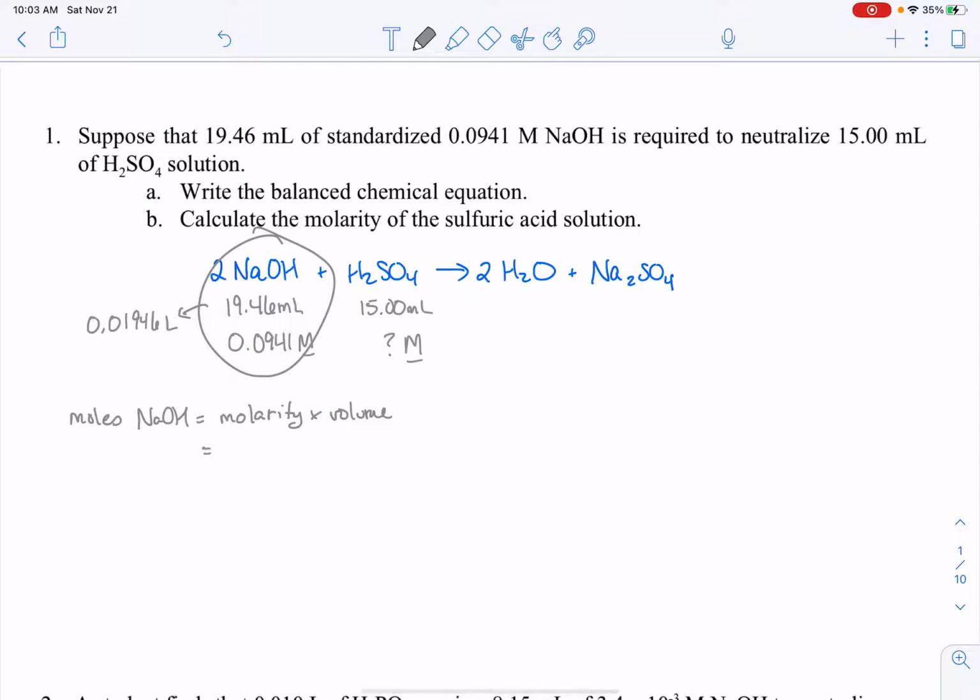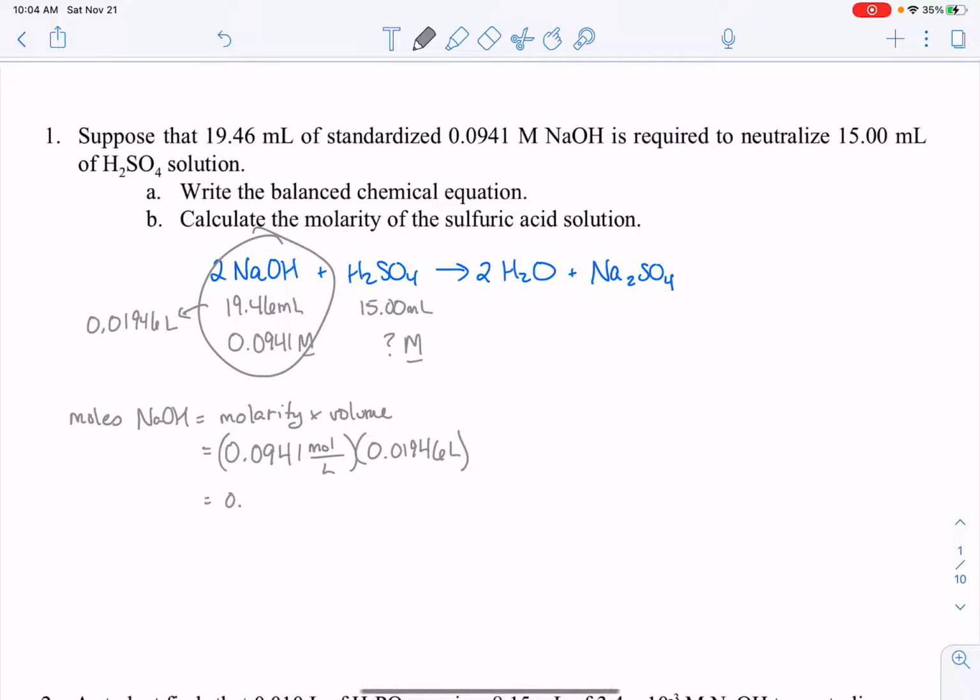So I'm going to put in those two numbers that I have for NaOH. Because these two numbers both go with NaOH, I can use them together. So I'm just going to multiply these two numbers together. And that is going to get me moles of NaOH.